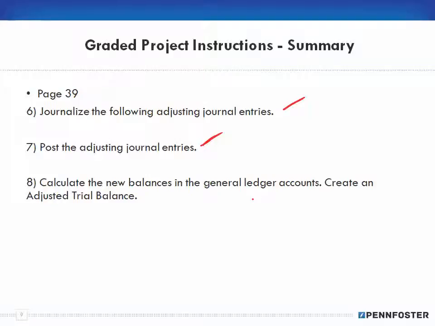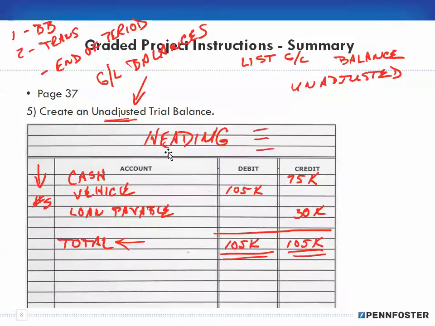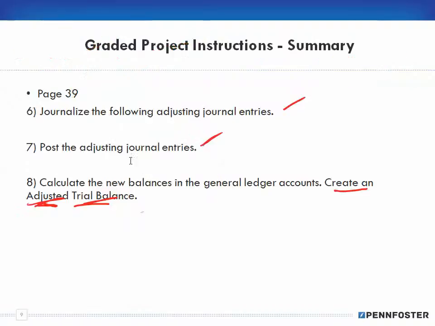Well, now that you've posted all of your adjusting journal entries, we're going to create an adjusted trial balance. That adjusted trial balance looks exactly like this one, like this unadjusted trial balance, but it's not going to be called an unadjusted trial balance. It's going to be called an adjusted trial balance.